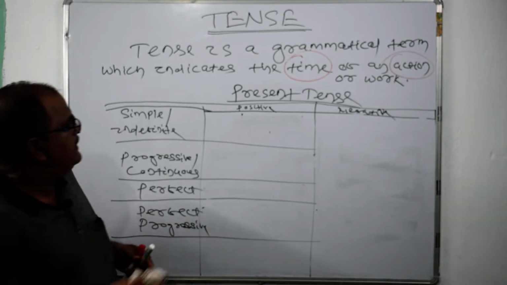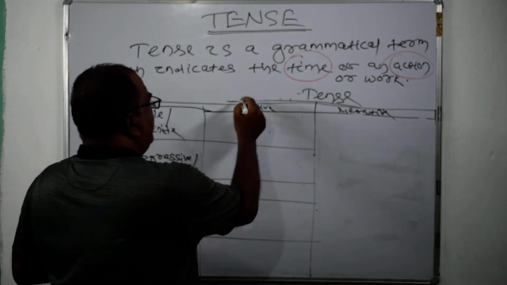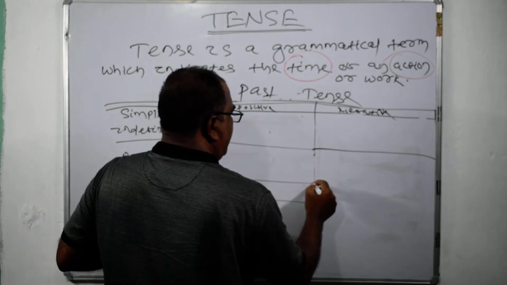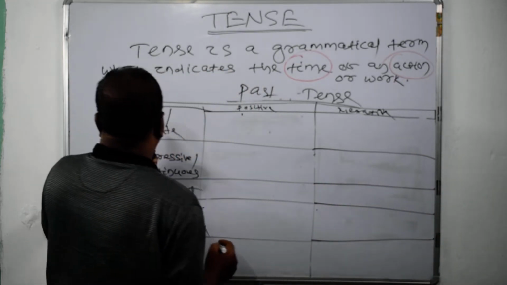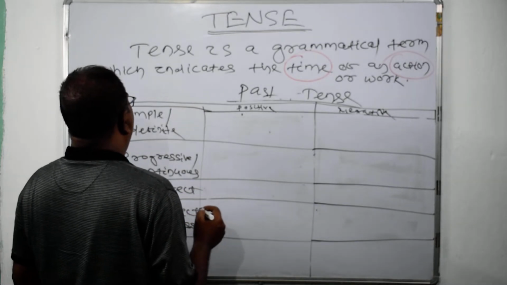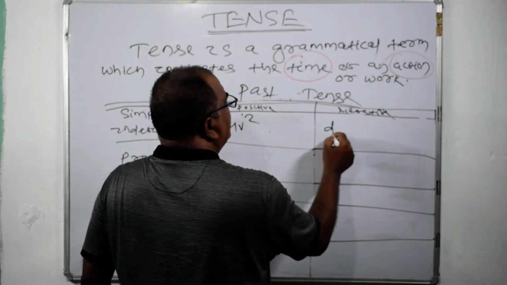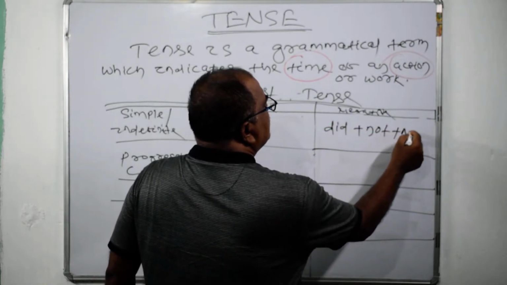Past tense. As with the present tense, it also has four forms. Simple past or simple indefinite: in positive MV2, negative did plus not plus MV1.